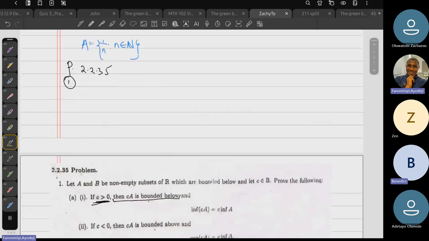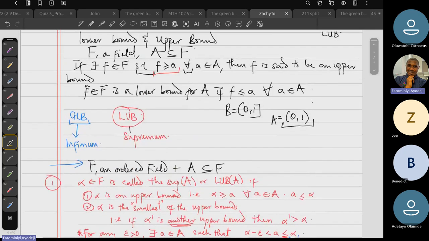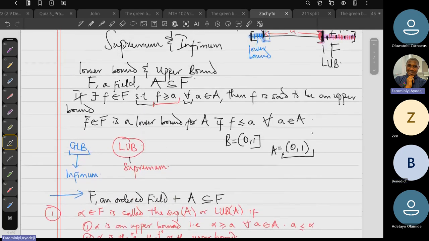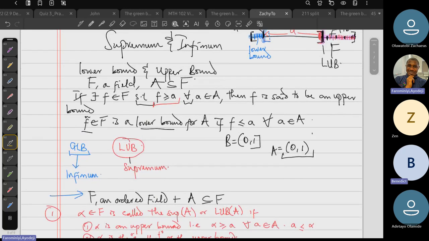Let us go back to the definition of lower bound. What is a lower bound? F is a lower bound for A if F is less than or equal to A for all A in A. So we have an element that is less than all the elements in the set.